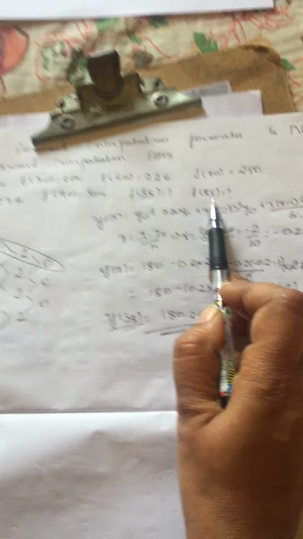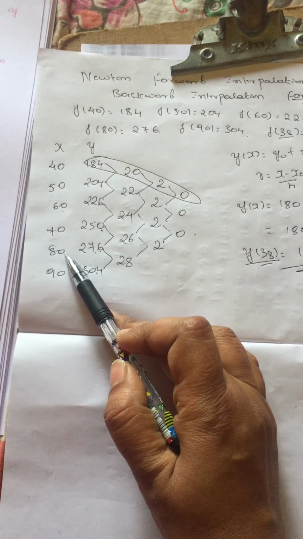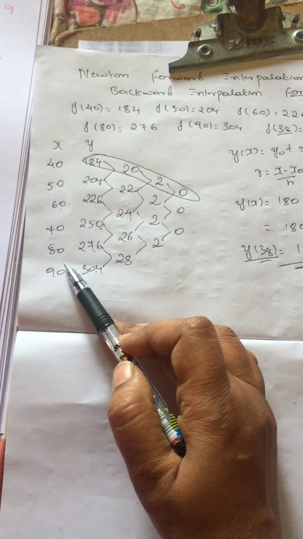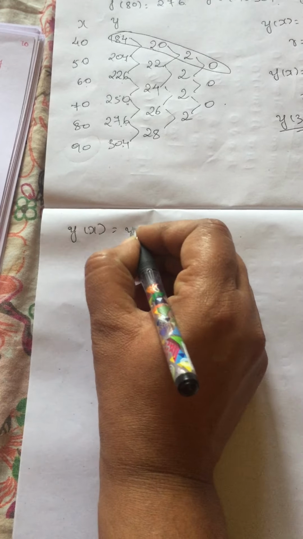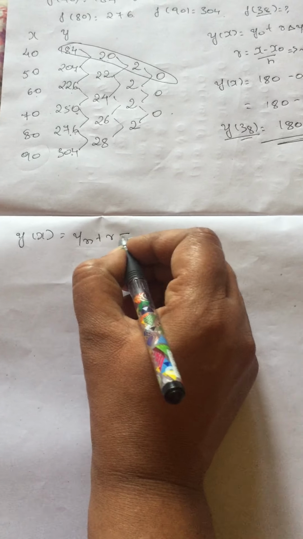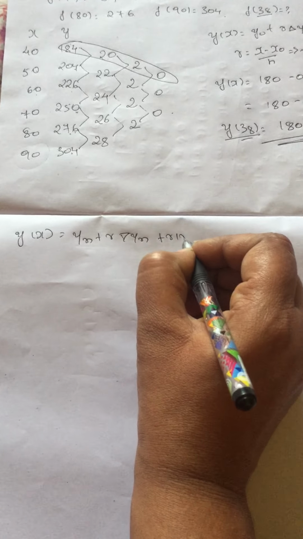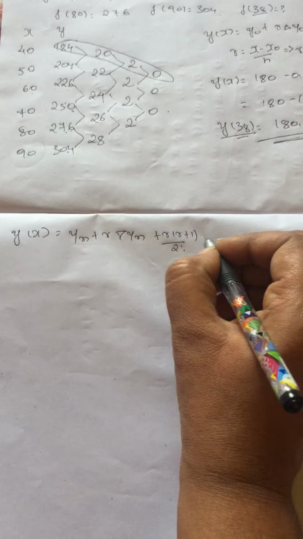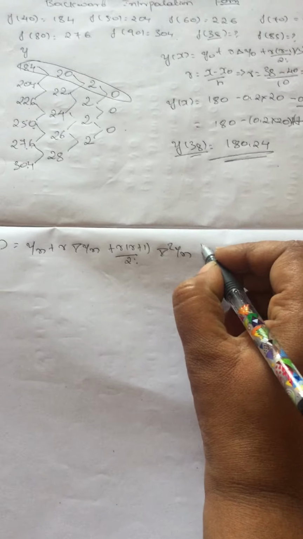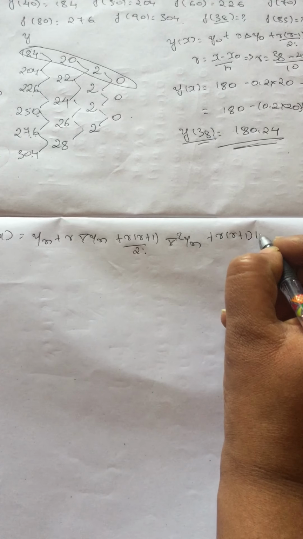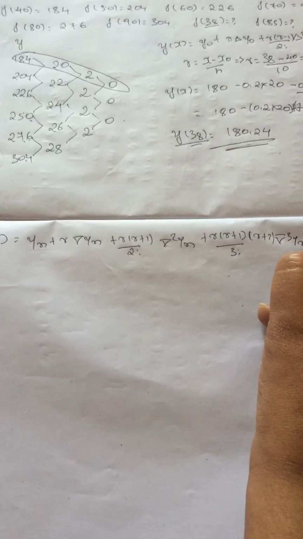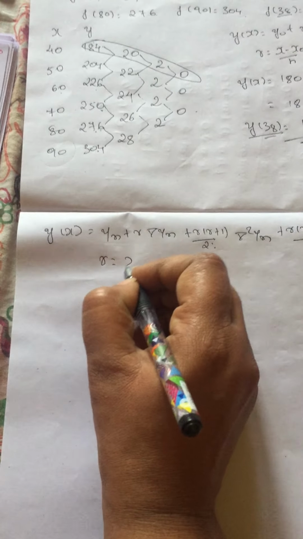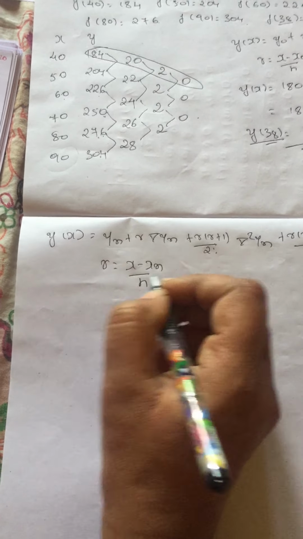Now we have to find f of 85. For f of 85 we compare: 85 is nearest to the last value, that is 90. So here we use Newton backward interpolation formula, that is y of x is equal to yn plus r into nabla yn plus r into r plus 1 by 2 factorial into nabla square yn plus r into r plus 1 into r plus 2 by 3 factorial into nabla cube yn, where r is equal to x minus xn divided by h.